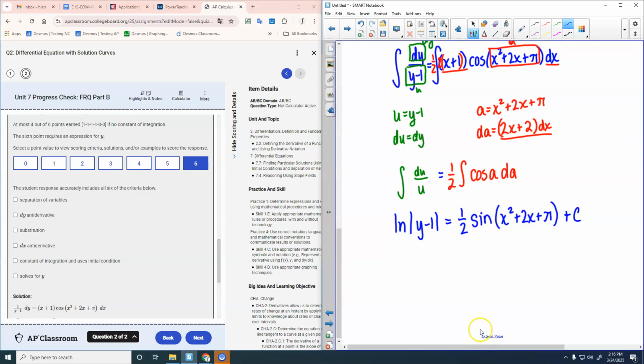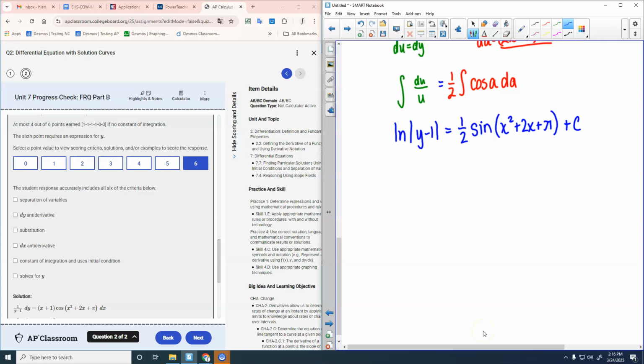Okay, here's what I would suggest on this one. It's not particularly easy to find C or to solve for y. But the fifth point right here is for the constant of integration, which means just putting the plus C there, and using the initial condition.